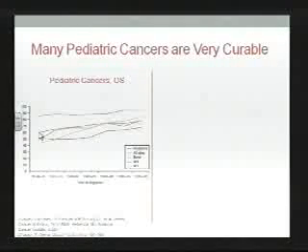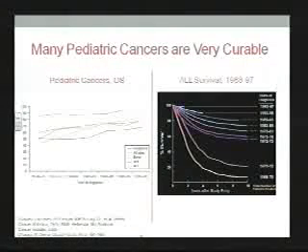So the green line here shows the progress that we've made in all pediatric cancers in terms of survival over the years, and this yellow line here in particular shows our steady improvement in survival in pediatric leukemia. So we've definitely made some progress over the last several decades. And I always enjoy looking at this ALL slide, looking back in the late 1960s and early 1970s up to present day.